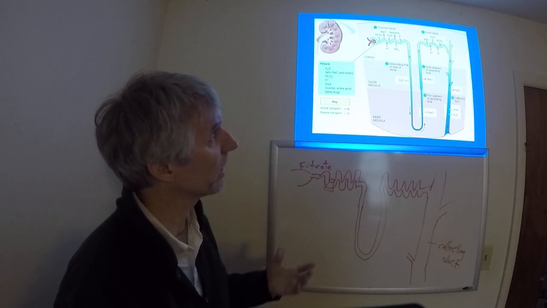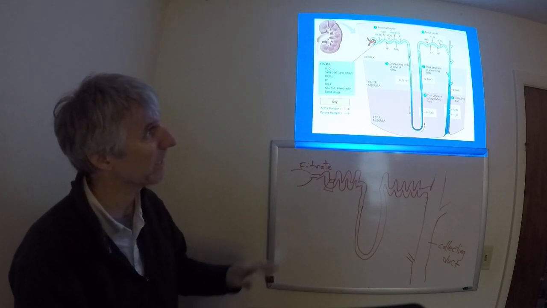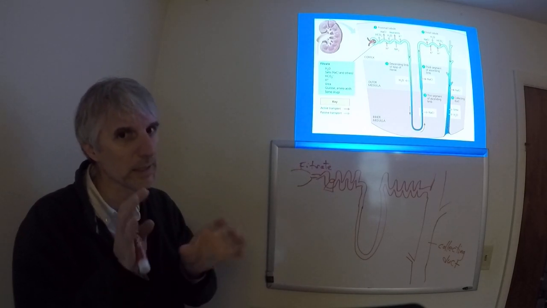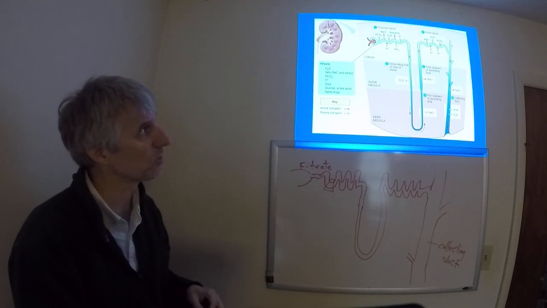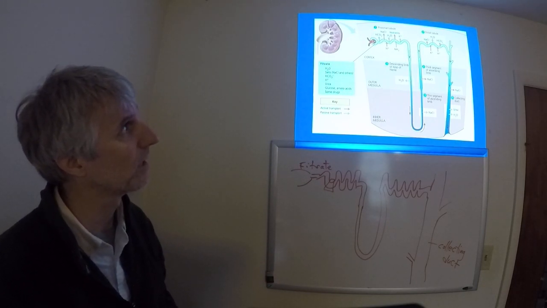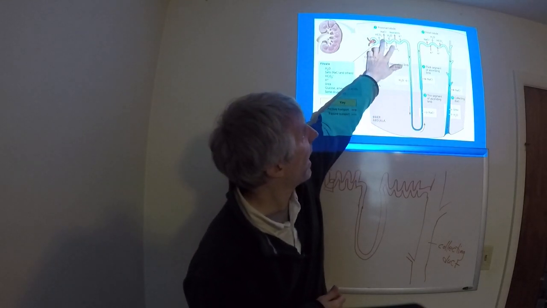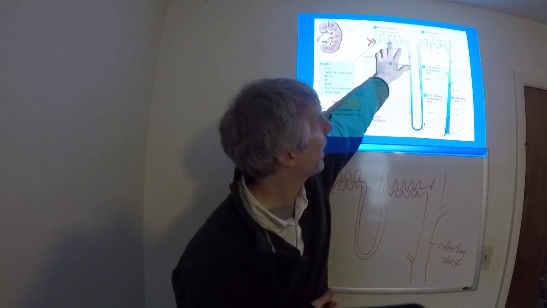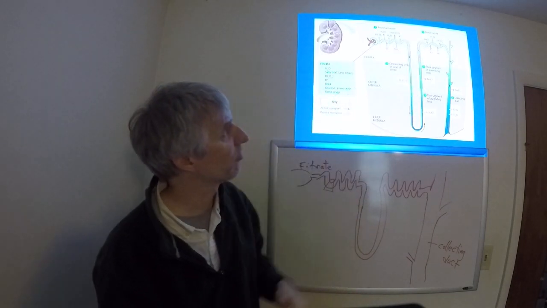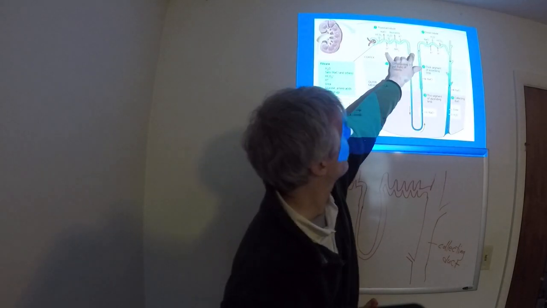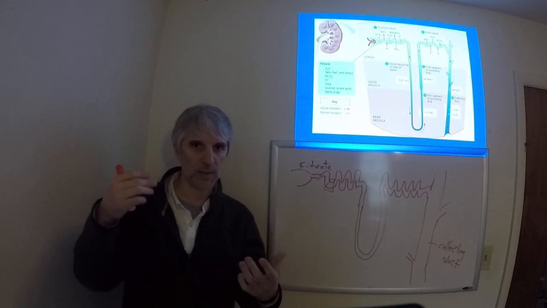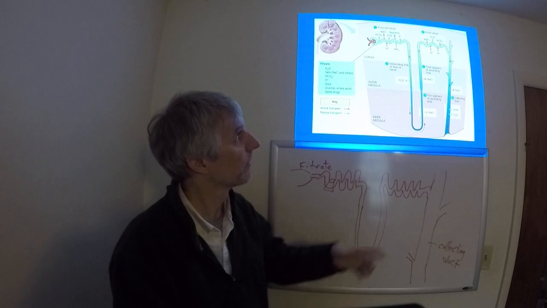If you notice, what's happening in the distal tubule is a little bit different than the proximal tubule. There are some similarities. We're still doing active transport of sodium chloride, and that helps to set up the passive movement of water. We're still making adjustments to hydrogen ion concentration, which is affecting the pH of the kidney.